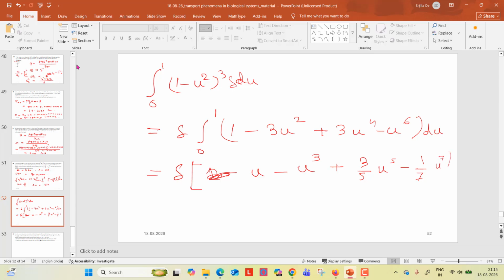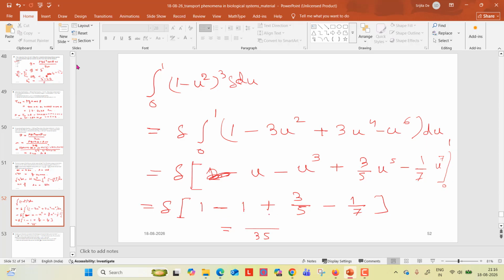So now if you put the values, delta will be 1 minus 1 plus 3 by 5 minus 1 by 7. So it is coming as 35, right? So 35 minus 35 will be 0.